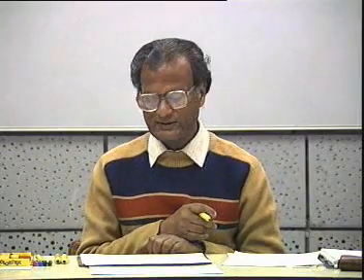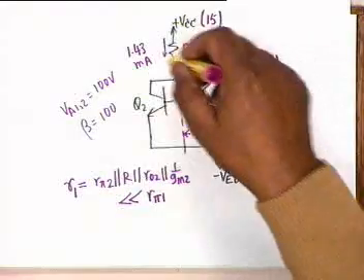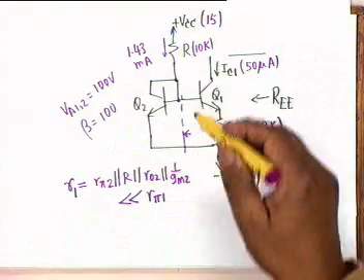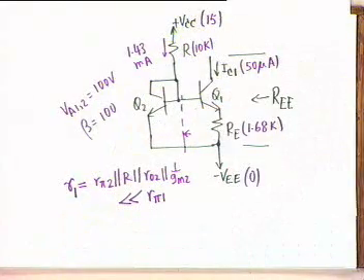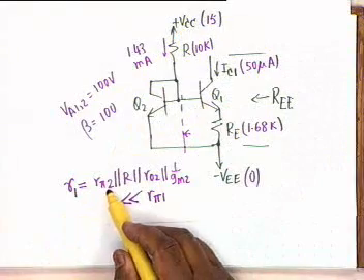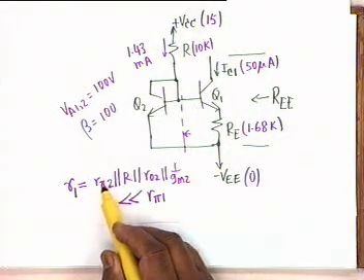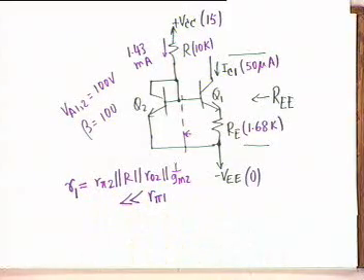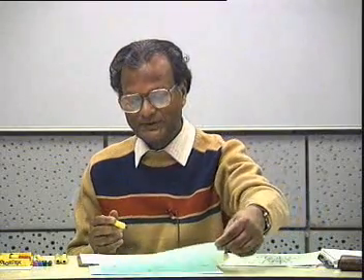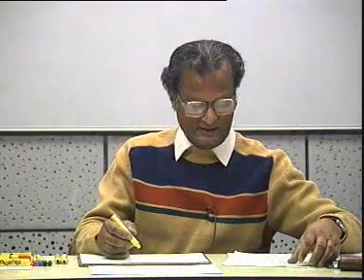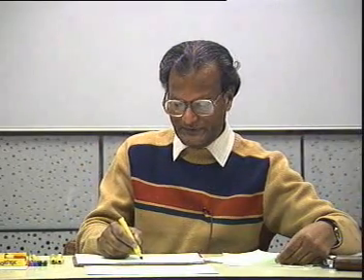Is the logic clear? Because R pi is inversely proportional to collector current, and the two collector currents are widely different, R pi 1 would be much larger compared to R pi 2, and R1 is smaller than R pi 2 because it is paralleled by a number of other resistors, and therefore the simplified equivalent circuit would be like this.